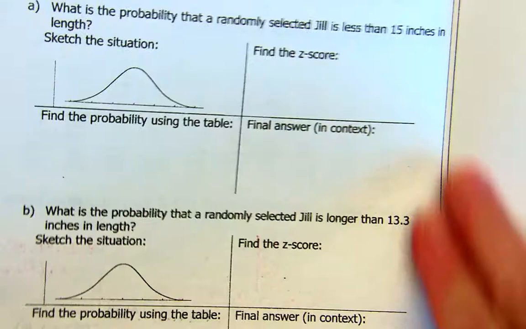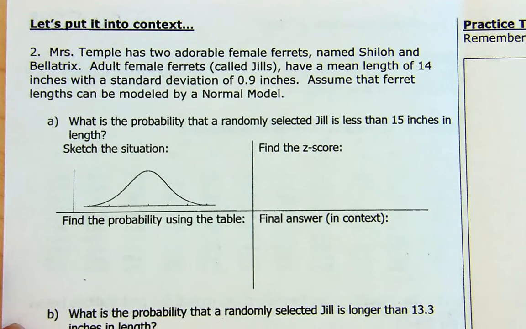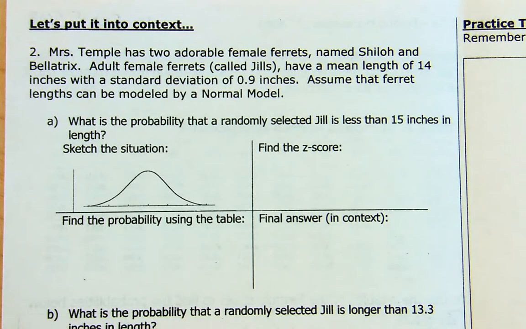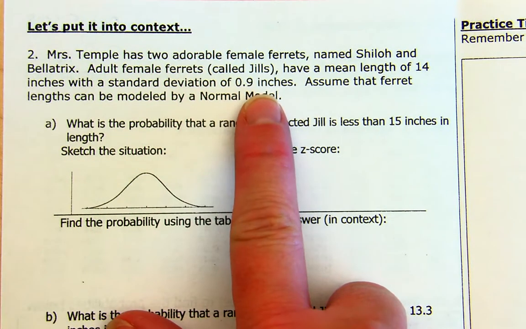Okay, so let's look at the inside. Here we're talking about Miss Temple and her pet ferrets. She has 2 adult ferrets, Shiloh and Bellatrix. They have a mean length of 14 inches and standard deviation of 0.9 inches.